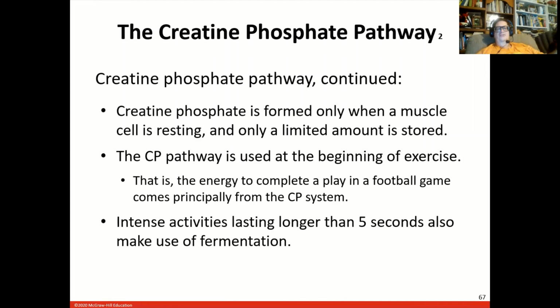It's what you're going to use at the beginning of exercise. The energy to complete a play in a football game, the first play of the game, comes from creatine phosphate. If you're doing something that lasts longer than 5 seconds, and you're not getting enough oxygen, you're going to do fermentation. That is the lactic acid method.